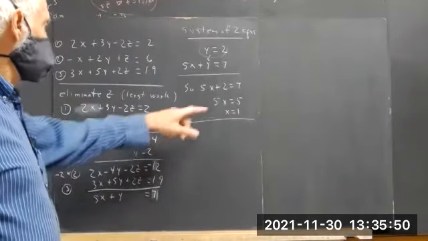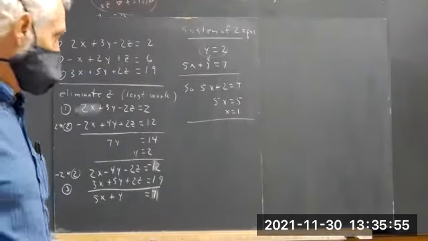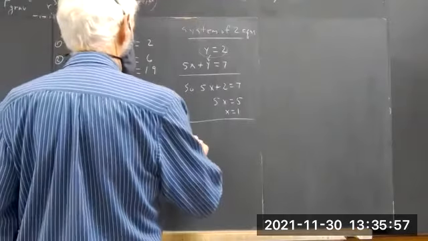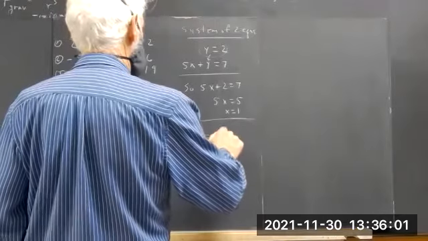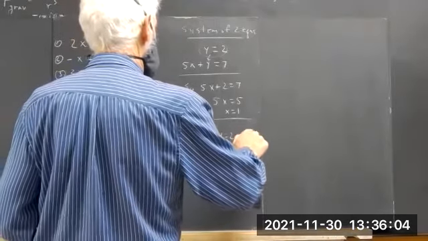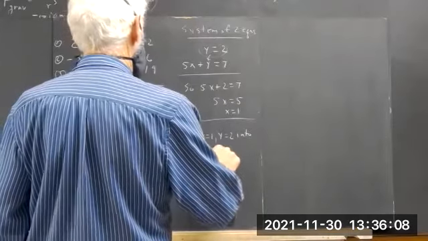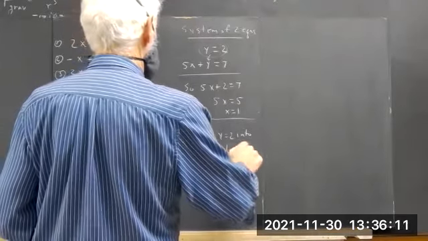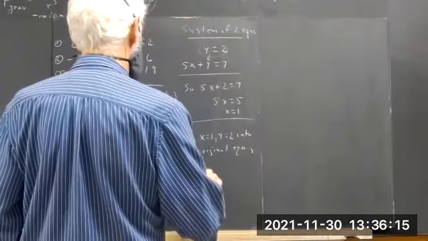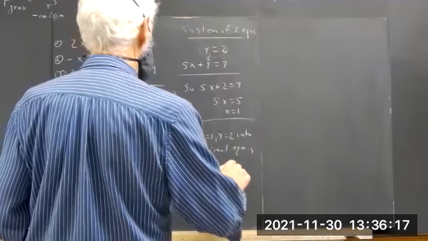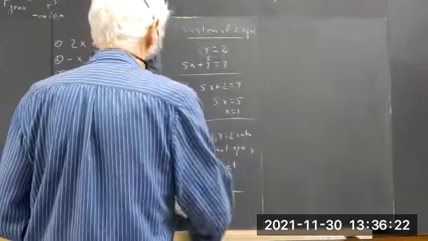And now we have values of x and y, which we can plug in to the first equation. That is going to give us z equals 3.